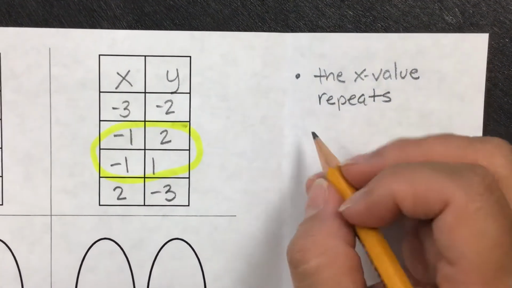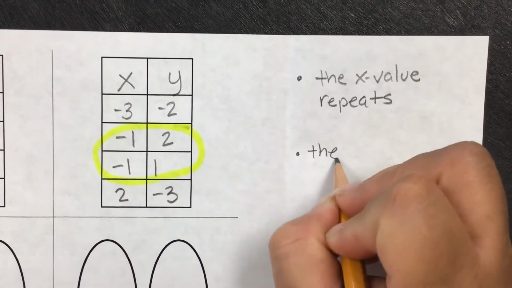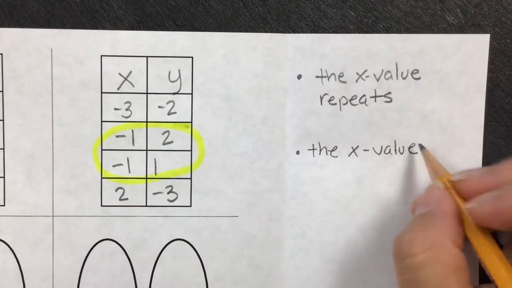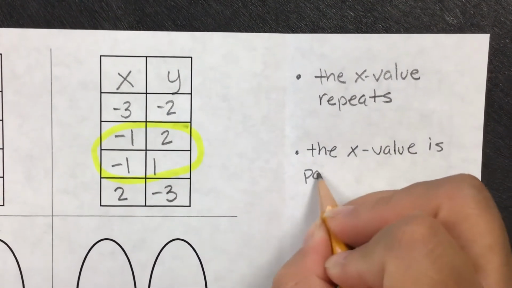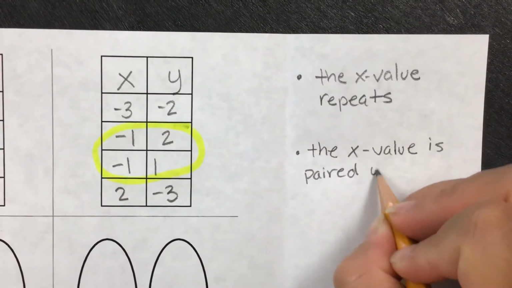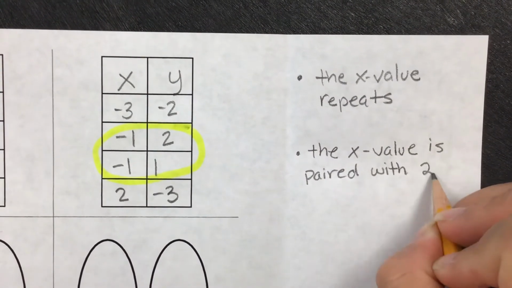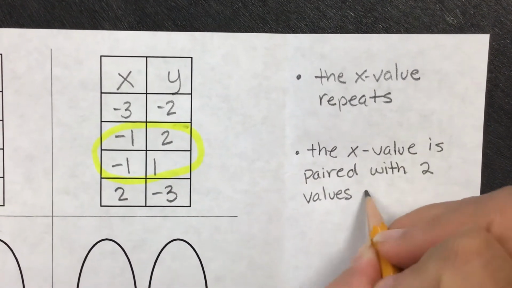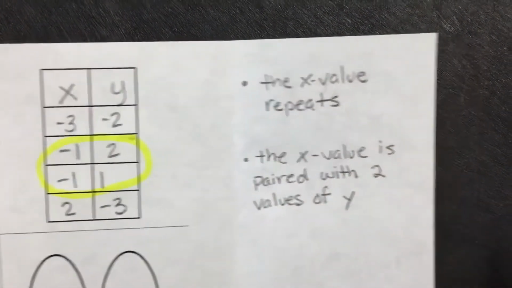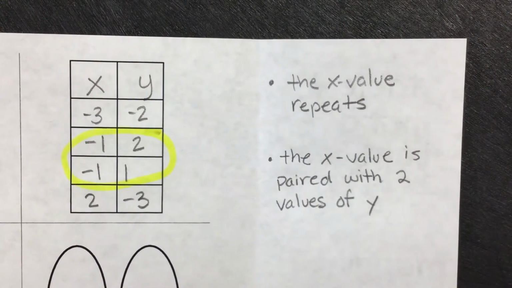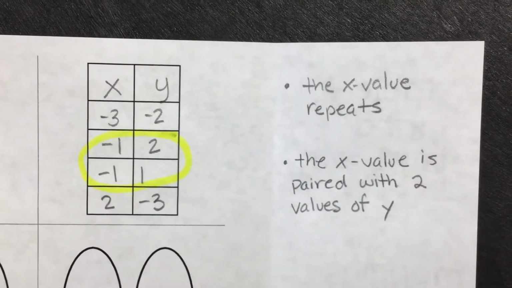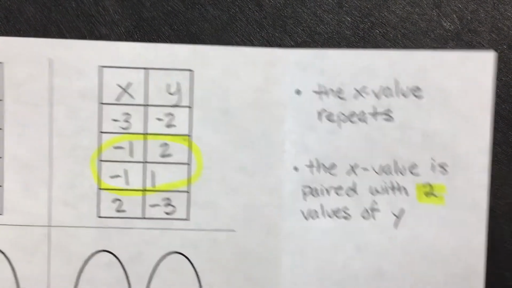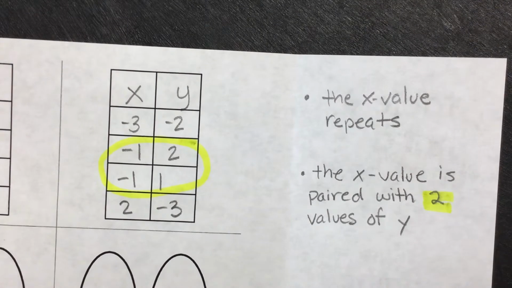More specifically, we have the x value of -1 paired with two values of y. And that's what makes it not a function. So what we're looking at here is it doesn't work. So just think about you in this class.